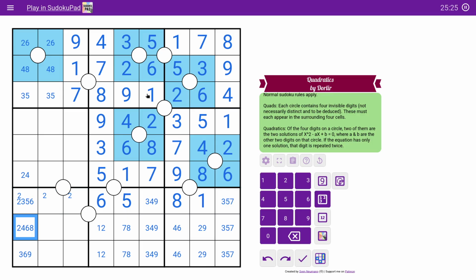And we might soon have to clear out the pencil marks in the lower left, but not quite yet. If this is 1, we have 6, 6, 7. So it's not a 1.